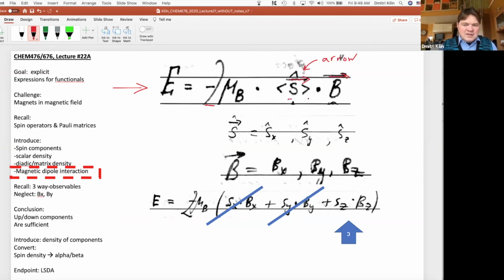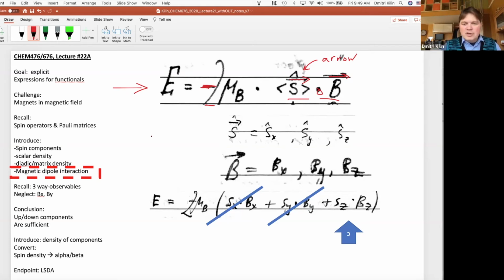So if they are parallel, then energy is minimal. Make sense? And if one tries to rotate the arrow away from this direction, due to the scalar product, the energy will be bigger. And we all follow the principle of least action or least energy. So the arrow will resist and try to follow the minimal energy direction.